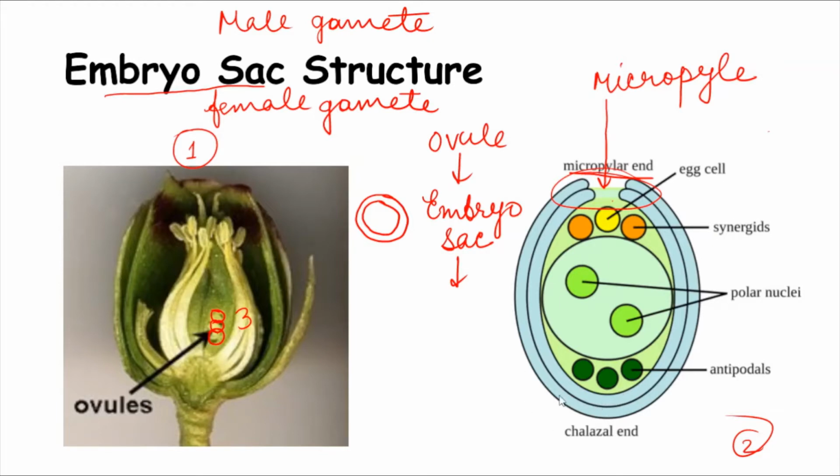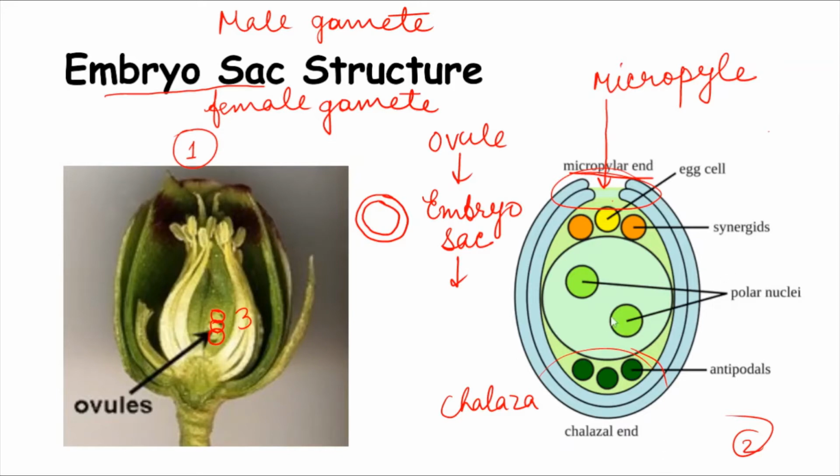Next, you can see this surface of the embryo sac is called the chalaza, and that is why this position is called the chalazial end, because it is towards the chalaza. So the surface or position towards the micropyle is called the micropylar end, whereas the surface or position of the embryo sac towards the chalaza is called the chalazial end.